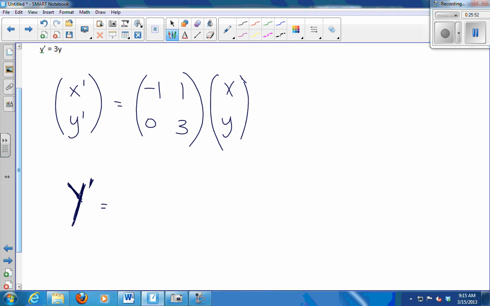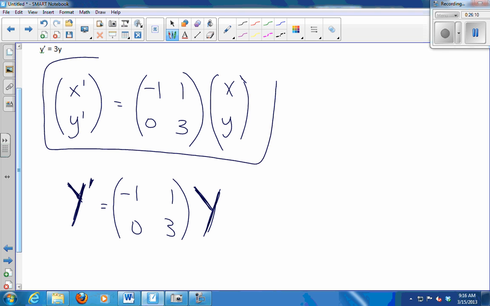So that's kind of why we call it y, but it's arbitrary. So -1, 1, 0, 3 times y. Personally, I like this because it reminds me why I'm writing it in vector notation. You can clearly see that it's a system of x prime and y prime.